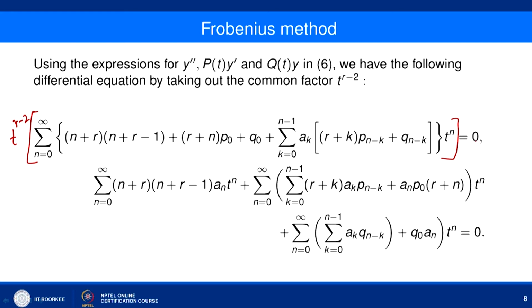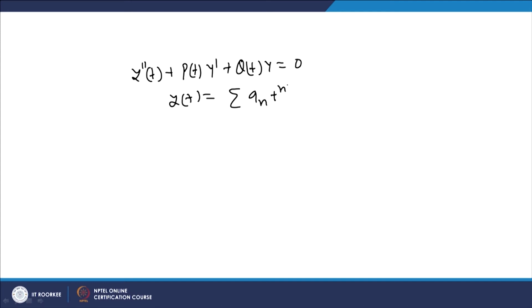If you look at this, I can write it like this. So, here we have y double dash t plus p t y dash plus q t y equal to 0. So, what is y double dash t? y t is our summation a n t to the power n plus r, n from 0 to infinity.